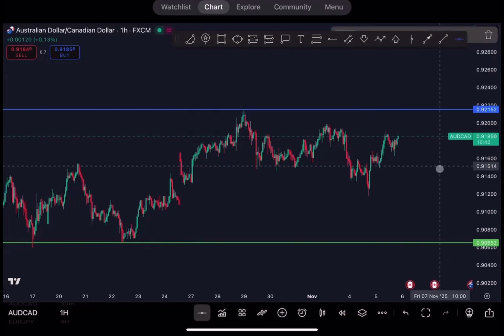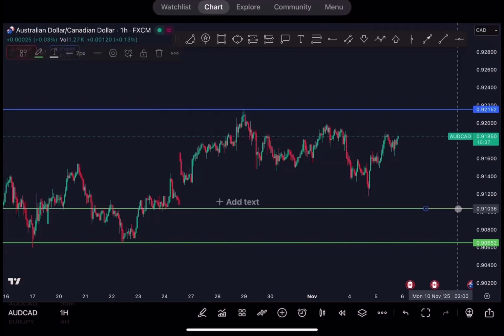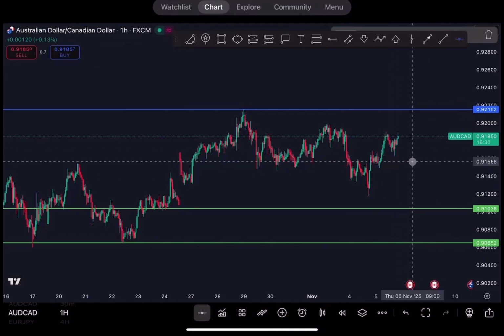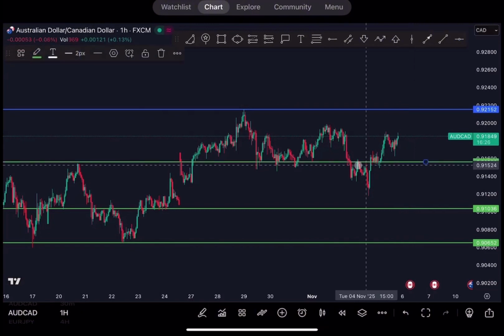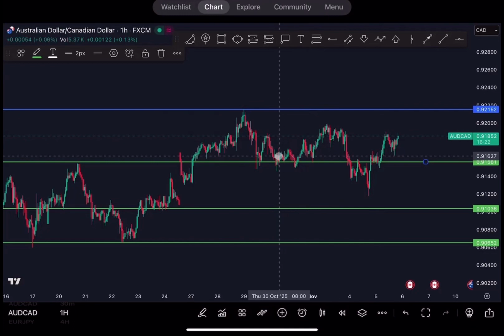Our job is to find several areas in the market that are potentially areas of interest. The more that you do this, the more you'll have an eye for it. Essentially, you want to find Earths that have several areas in common.